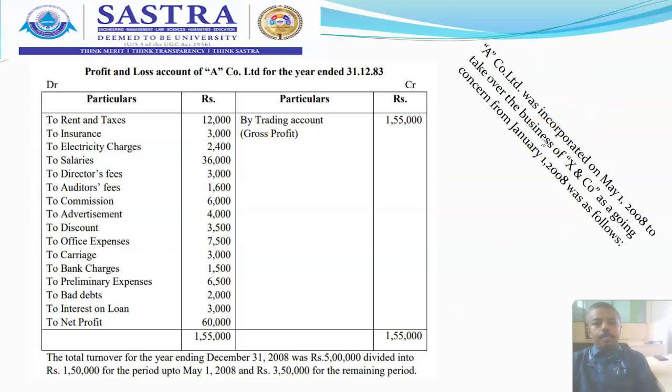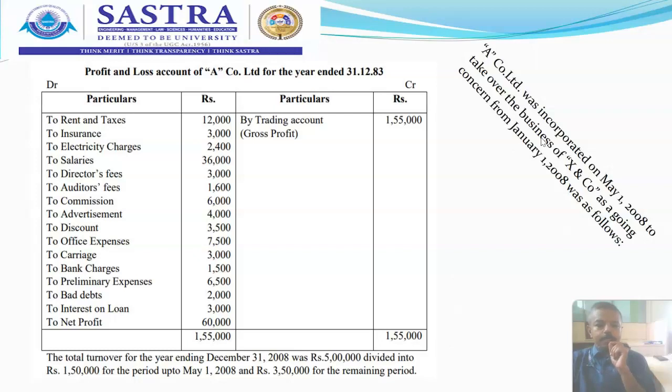So here A and Co. Limited was incorporated on 1st May 2008 to take over the business of X and Co. as a going concern from 1st January 2008, which is as follows. Please note the date, since the date is not visible here; only the accounting period is visible.